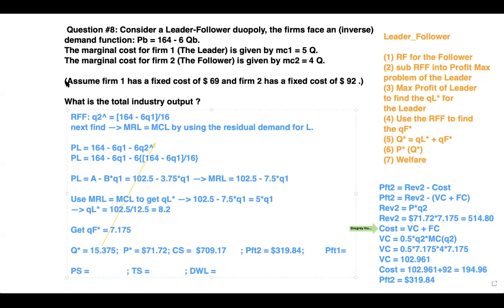So remember, consumer surplus is always the area below the demand curve. Let me see if I can put that in red up here. So we're going from here, you see at the top. On all of these models, you're going to end up having a demand curve that's the first thing you start working with.